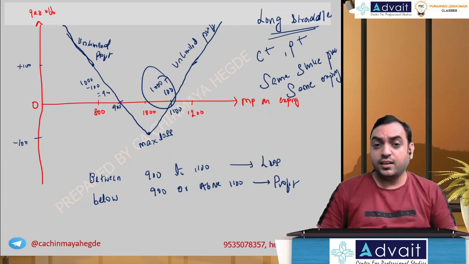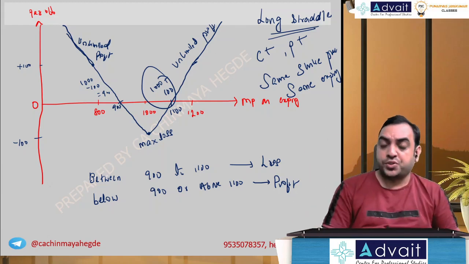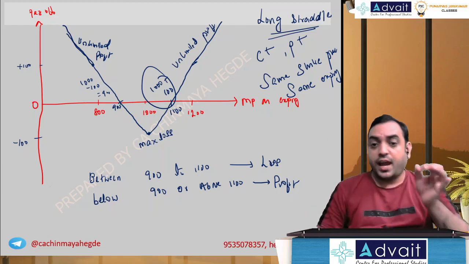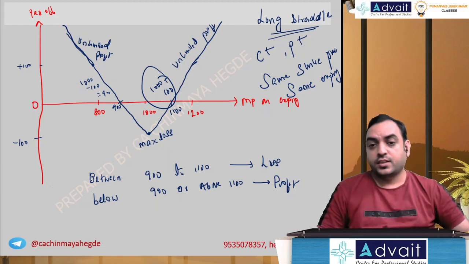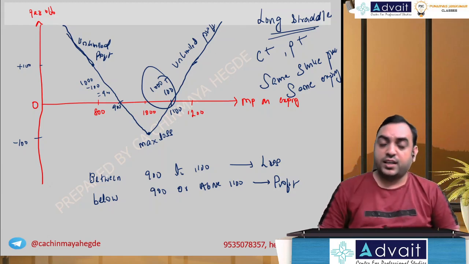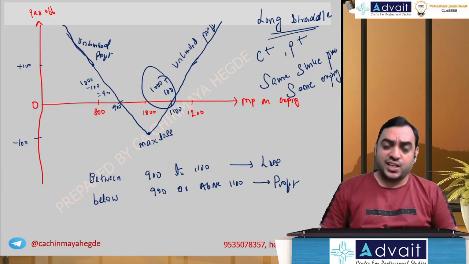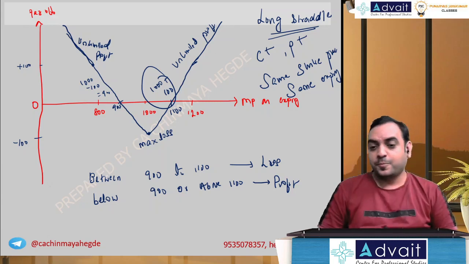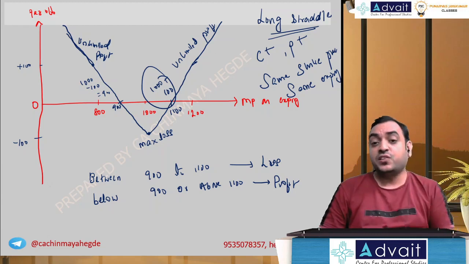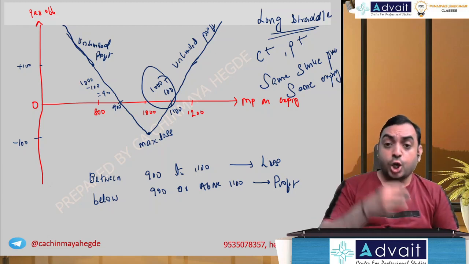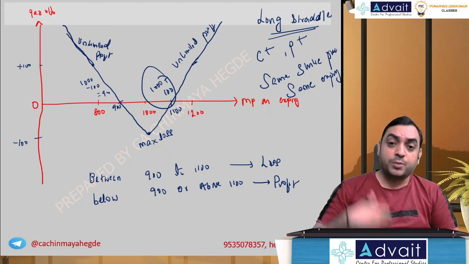So in a long straddle you buy a call option, you buy a put option, and you will have a chart looking like this. I'm going to show you a summary of all the strategies now in a quick manner. But before that, please write down this basic example and let me know if you have any doubt. This strategy name is long straddle. You buy a call option, you buy a put option. You become a call option holder and a put option holder.